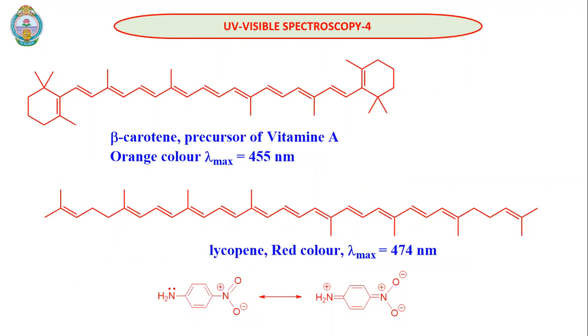What is the visible range? The visible range is from 400 to 750 nanometers. Now, with increase in more and more double bonds, beta carotene shows a lambda maximum at 455 nanometers.